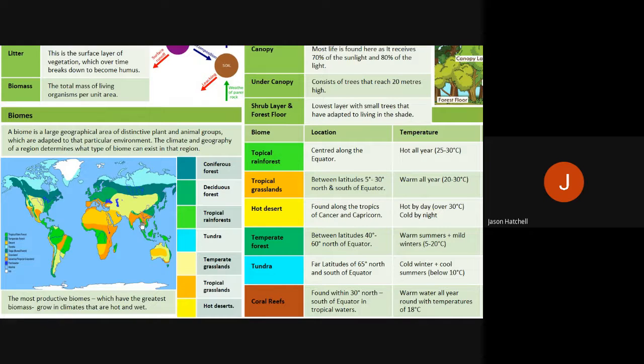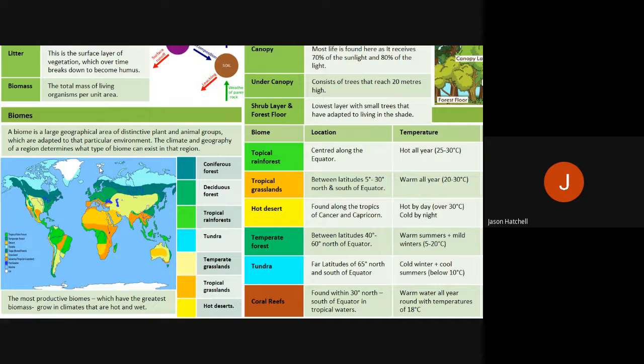We know that that area gets the most solar radiation, and we know that that area is the warmest. Whereas if we go very north, and we have a look at the tundra regions and the polar regions, the reason that they are there is because the climate of those areas is very cold. And that's what dictates those biomes being there.